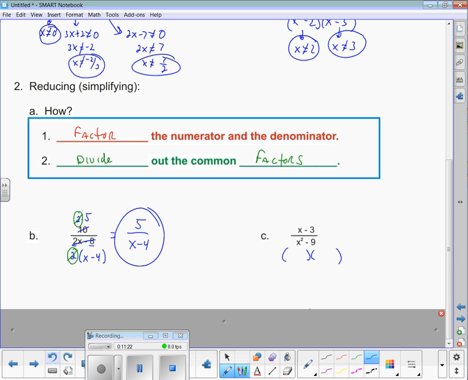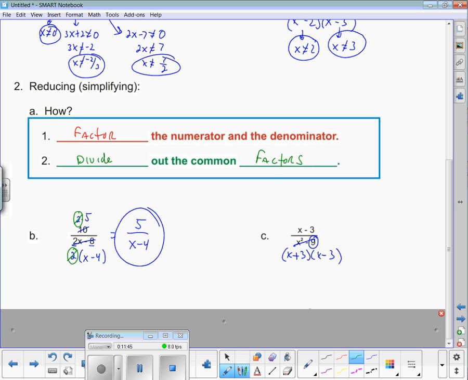So remember, plus in the middle of one, minus in the middle of the other. Square root of the first goes first. Oh, I lost my plus and minus. That's okay. And square root of the last goes last. All right, and that is the factoring of that.